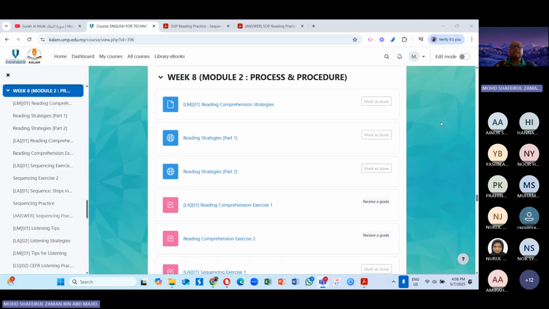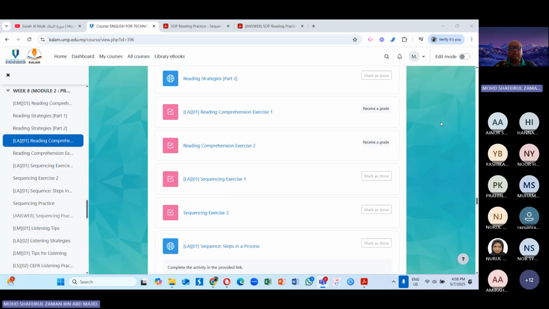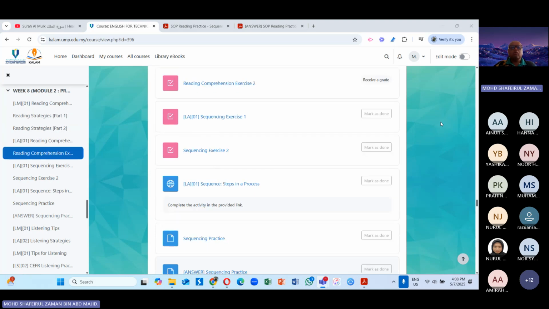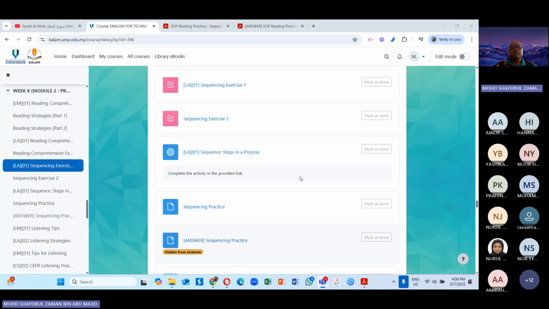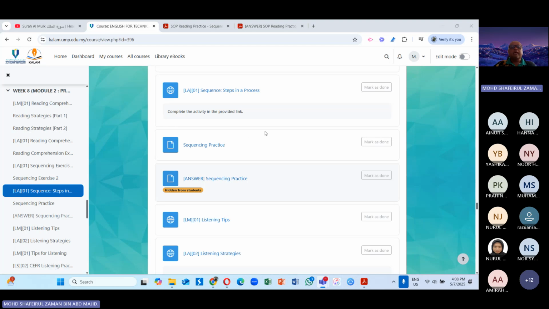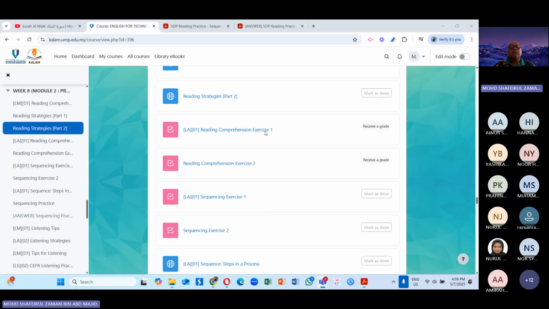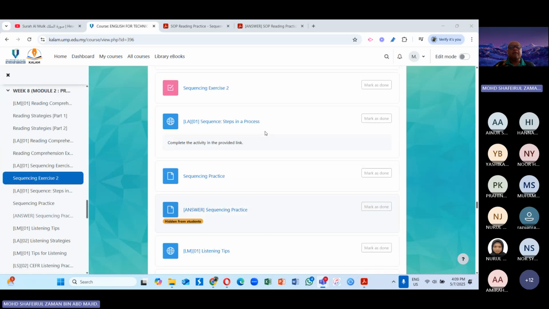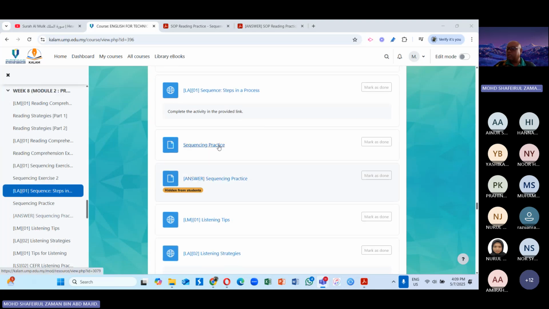And my biggest concern for assessment 2A, which is on SOP reading, will be on this part, sequencing practice. So I hope that you are on the same page with me, whereby you can go to week 8, and under week 8 in column you can have a look at sequencing practice, okay. Because for assessment 2A SOP reading, it is divided into 3 smaller parts: part A, part B, and part C, okay.